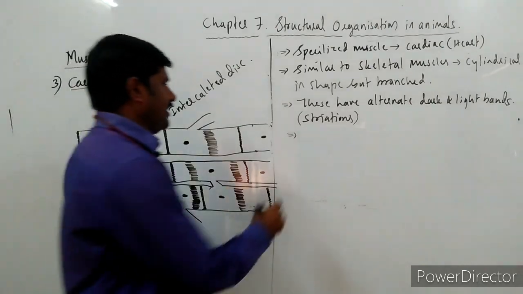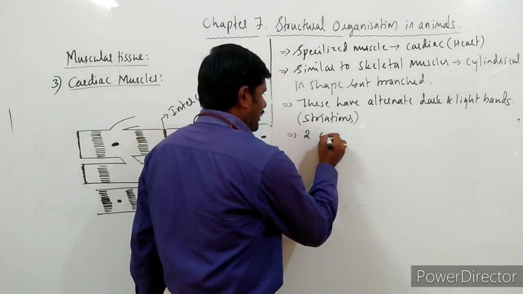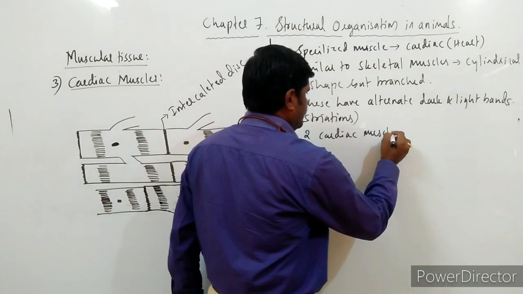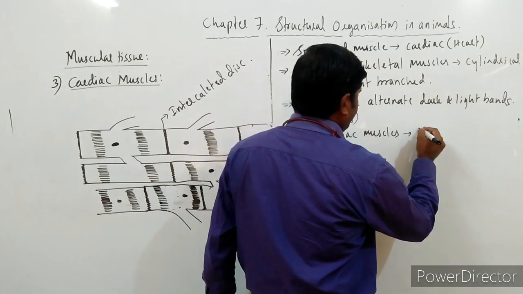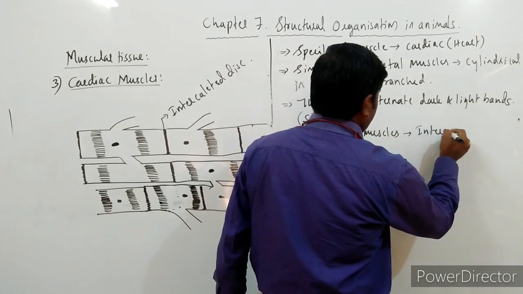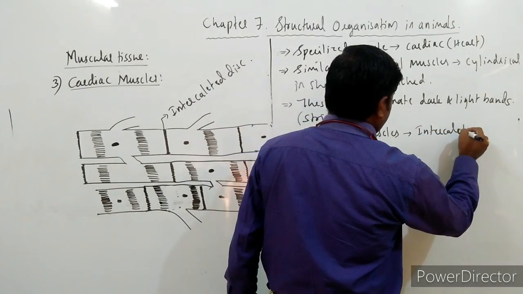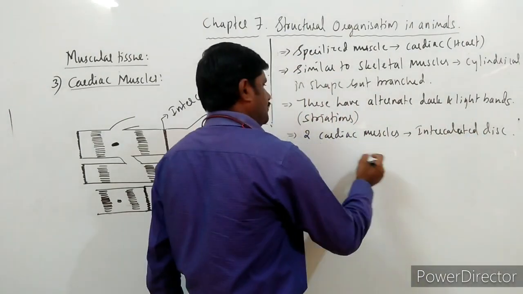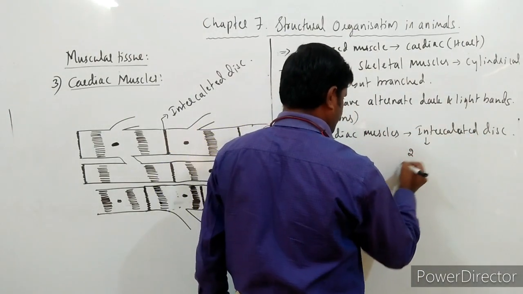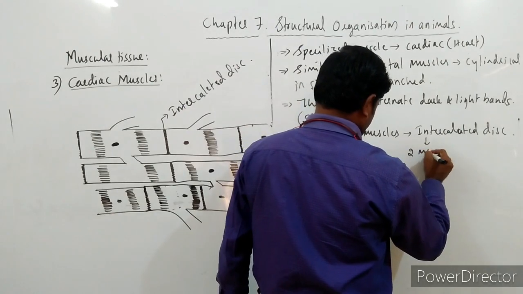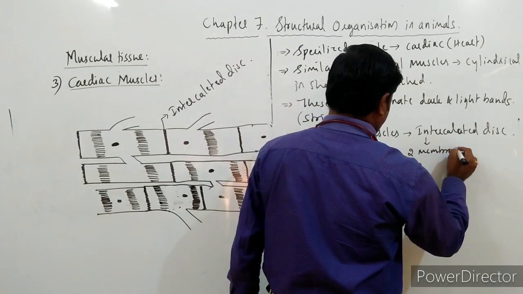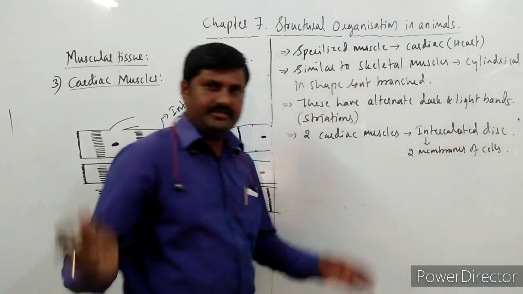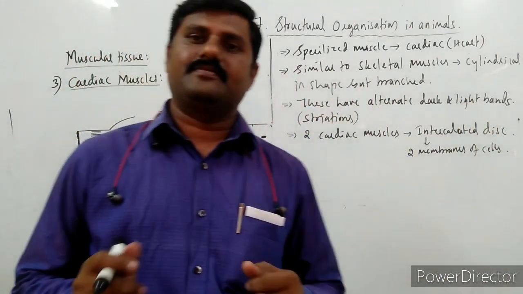So two cardiac muscles join with the help of intercalated discs, where two membranes of cells join each other, bind each other, right?